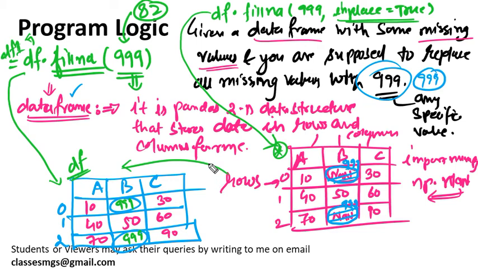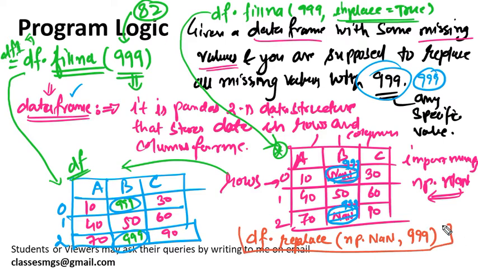Okay, so one way is this, and another way is also available here. You can use the df.replace method also. Here you will pass np.nan, the value you want to replace, with 999 like this.